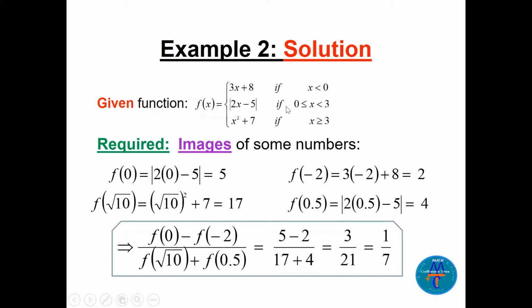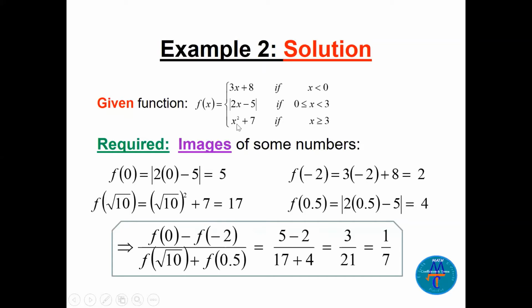So, as I said, f of 0 is in the absolute value because 0 between 0 closed and 3 open. So I use that one here. -2 less than 0. So I use this one, 3 times -2 plus 8. Square root of 10. Square root of 10 is more than 3, right?